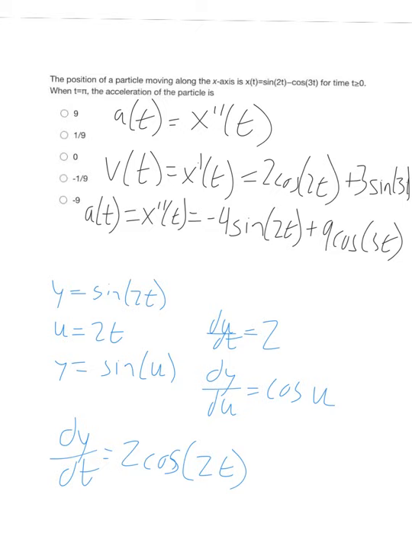Again, just using that chain rule, be careful with your sines and cosines and their pluses and minuses when doing the derivative. And they want us to plug in pi here. And when you plug in pi, I believe, if my math is correct, you're going to get negative 9. All right.